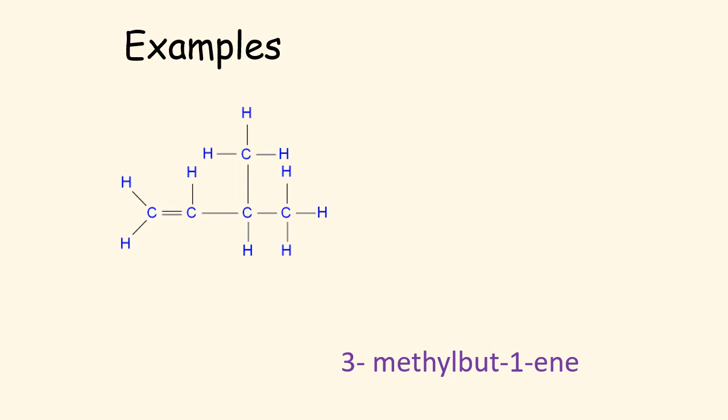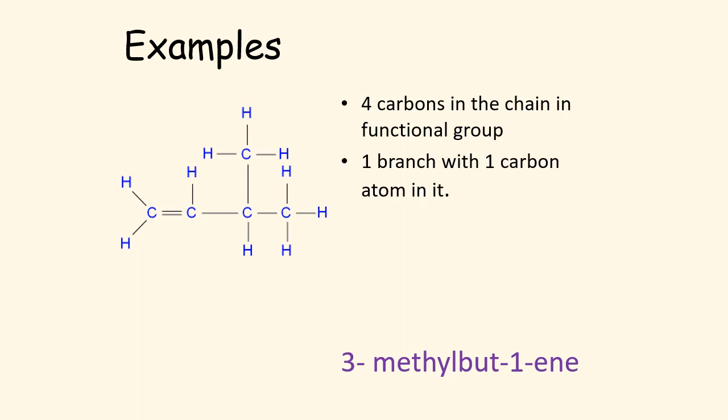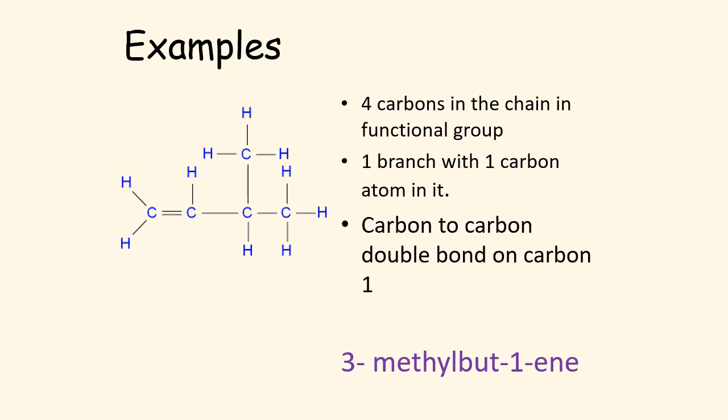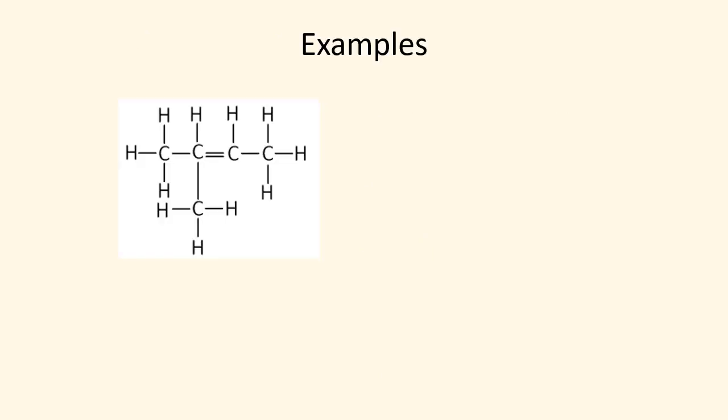The functional group is on carbon number 1, so it's going to be but-1-ene. Now we go looking for the branch. Well, the branch is on carbon number 1, 2, 3, and the branch contains 1 carbon. So it is 3-methyl-but-1-ene. 4 carbons in the longest chain, 1 branch with 1 carbon in it, carbon to carbon double bond on number 1.